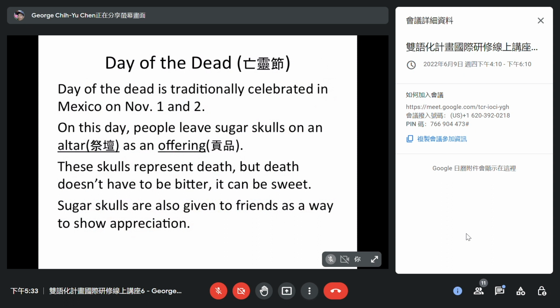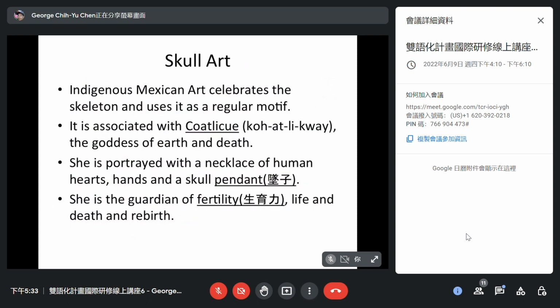Appreciation means 感激。Skull art is an indigenous Mexican art celebrates the skeleton, 骨架, and use it as a regular motif. And the skull art is associated with Coalique.